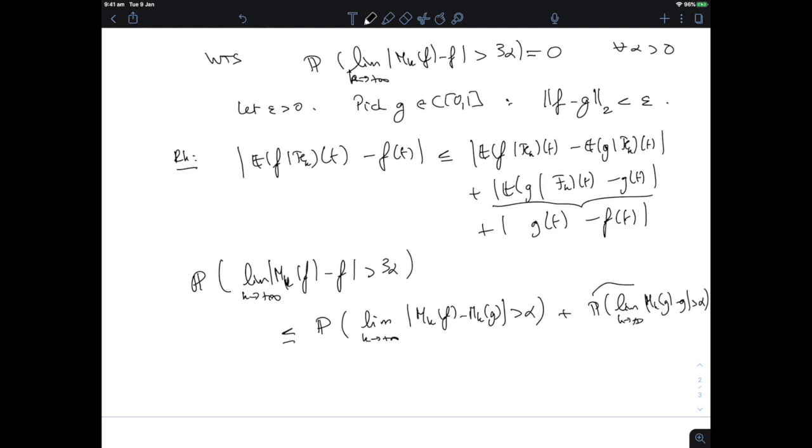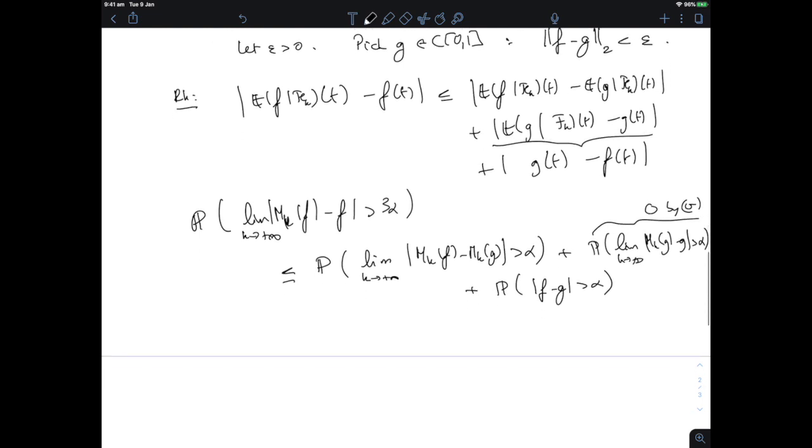But we know that this is 0 already by 0.5 of the proposition, and then we have plus the probability that just f minus g is greater than alpha. But that set cannot be very large because f minus g is small in L2 norm, so f and g cannot differ from each other on too large a set. So we're going to exploit exactly that.